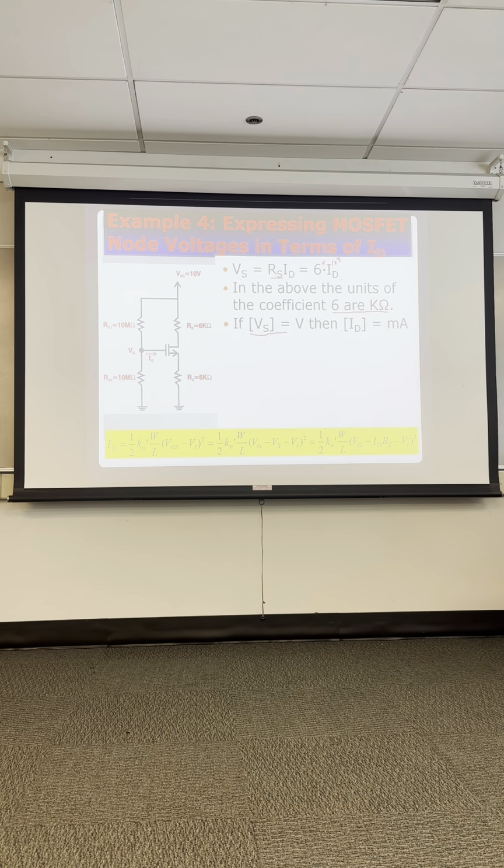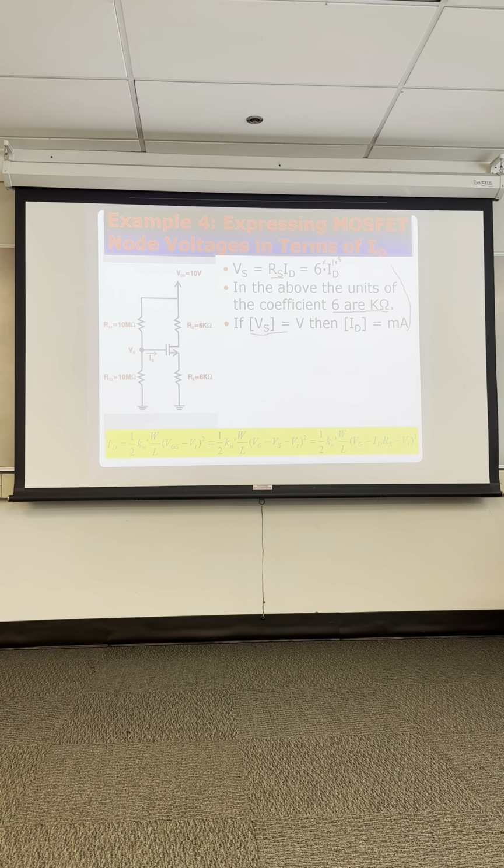In your homework 2 assignment, the problem that we went over for the NMOS device, you want to avoid doing this. And it turned out when you do that, you'll probably end up with some very large coefficients for the quadratic equation. It just means you have to be more accurate in using your calculator to solve a quadratic equation with very large numbers.